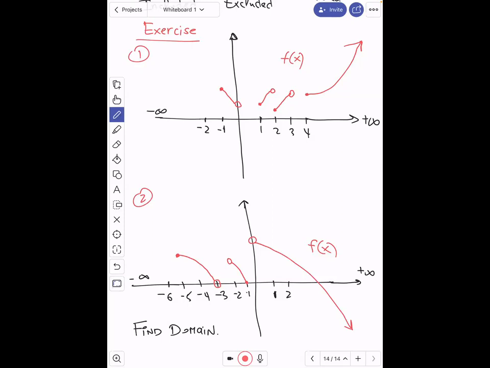So you're saying for number one, -1, 0, very good. And then 1, 3, absolutely.